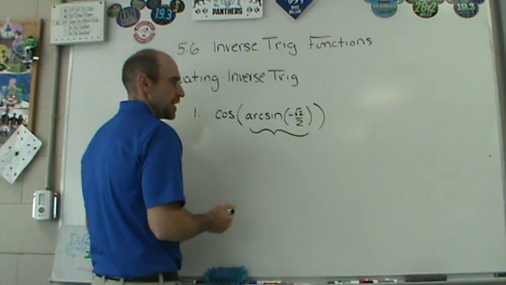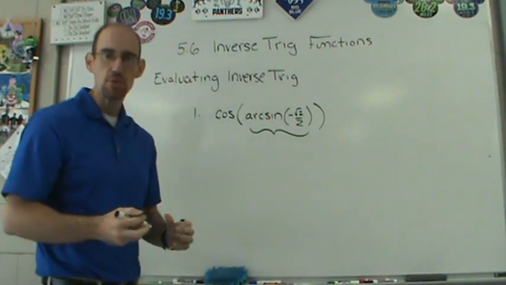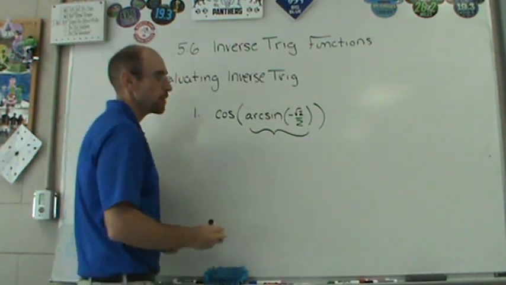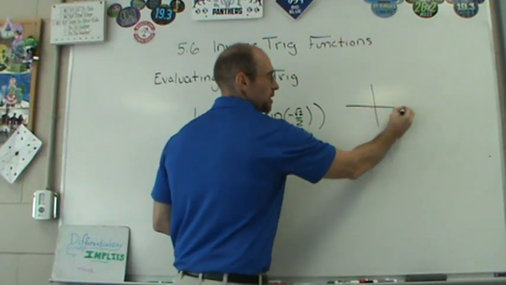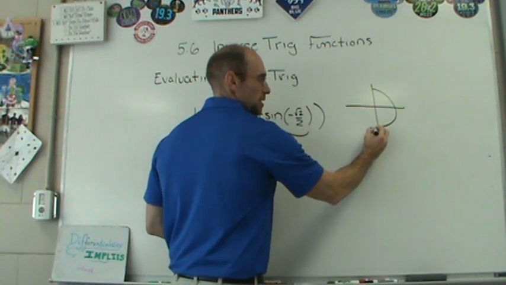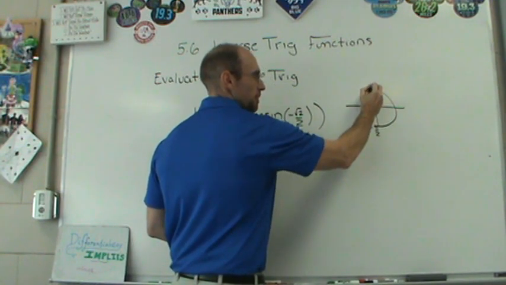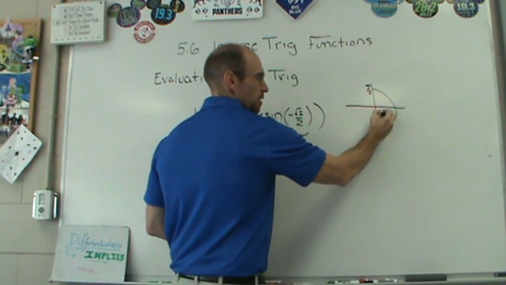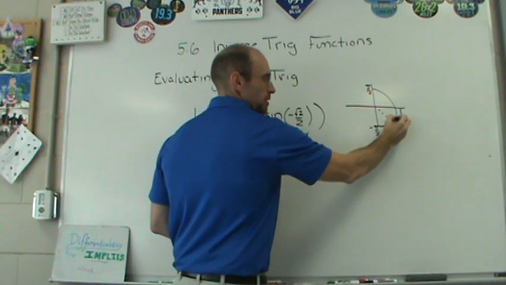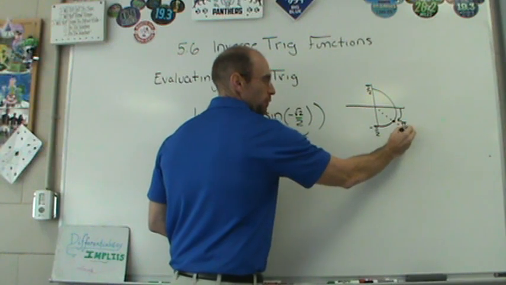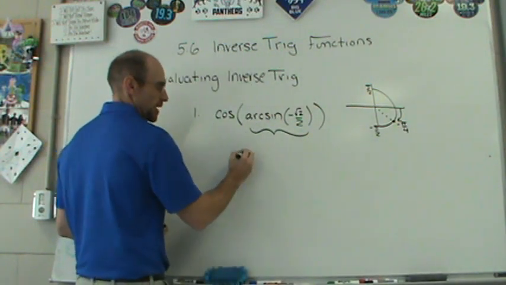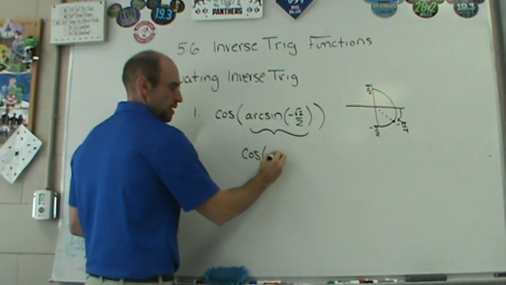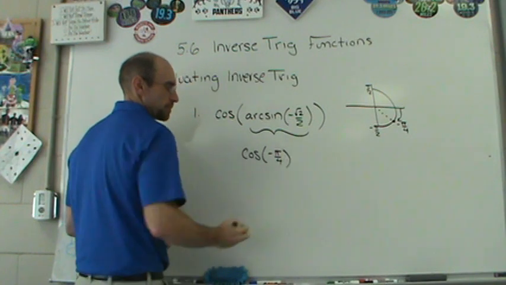Arc sine of -√2 over 2. Well, the -√2 over 2 comes from the π/4. And again, since we're dealing with just this range, we got to go down, so that's going to be -π/4. So we're looking at cosine of -π/4.